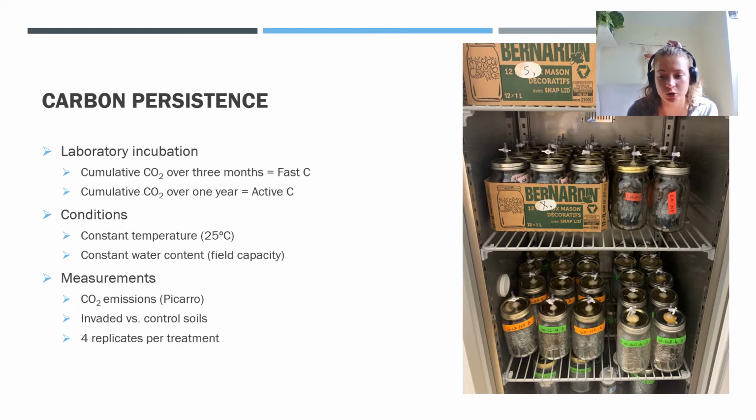We just used soils that had been affected or not by earthworms. We periodically measured accumulated CO2 with the Picarro, and we considered the cumulative CO2 emitted over 3 months to be fast carbon, and the total over the entire year to be active carbon.